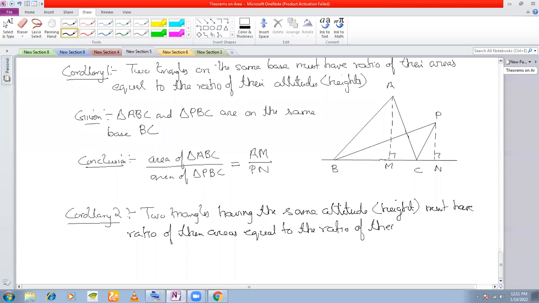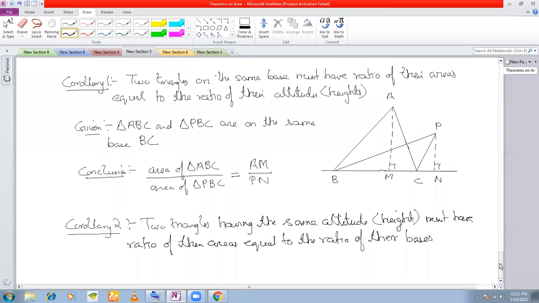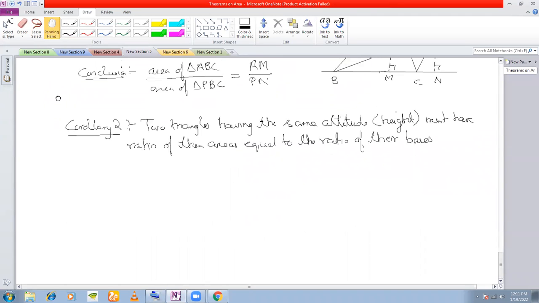So that means if in the first one you had the same base and the ratio was equal to the ratio of the altitudes, this time I have equal altitudes, right? Then the ratio of the areas must be equal to the ratio of their bases. Okay, let me draw this.